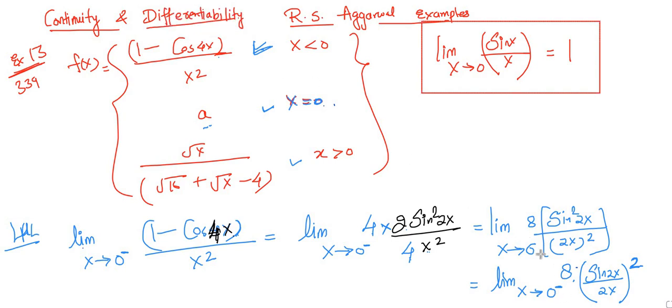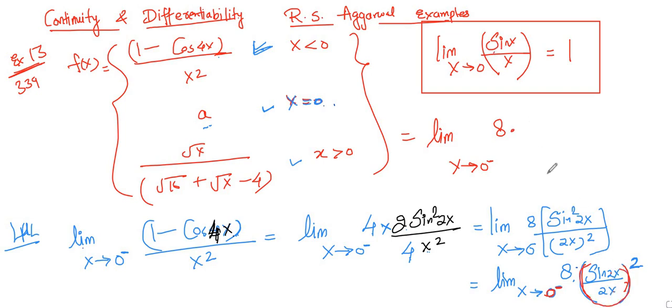See, if we are using x tending to 0 minus, eventually we are supposed to put 0 here. Correct? I think you understood, right? 0 minus means we are supposed to find the limit value at 0. So we can use this formula here. And what we will end up having is, limit x tending to 0 minus, 8, and what will it become?